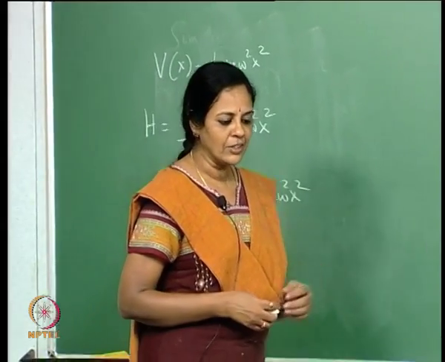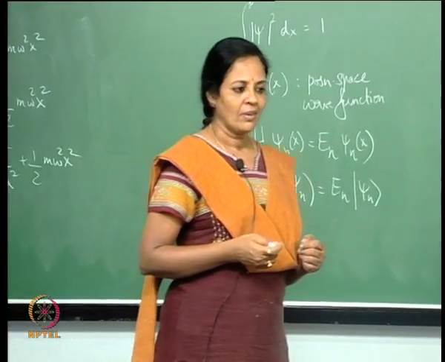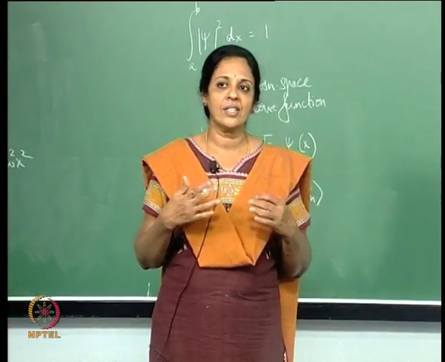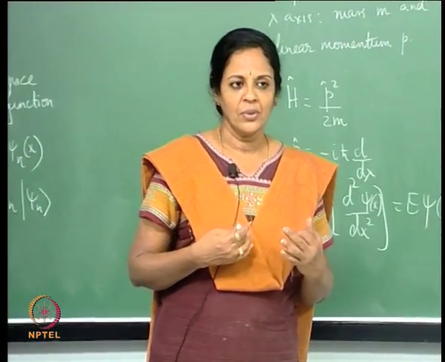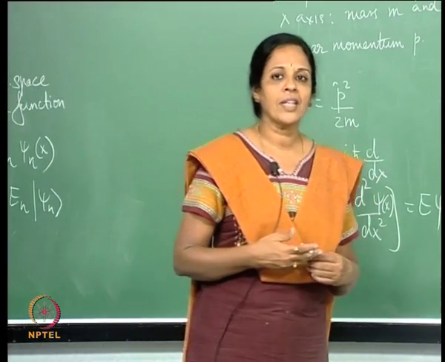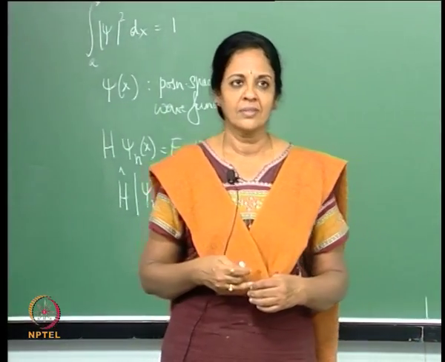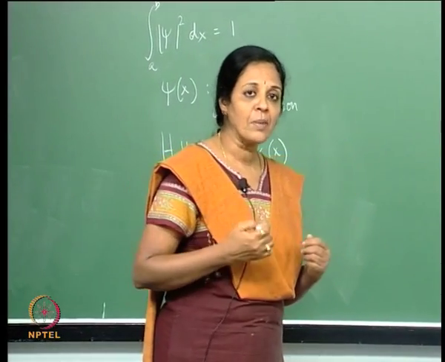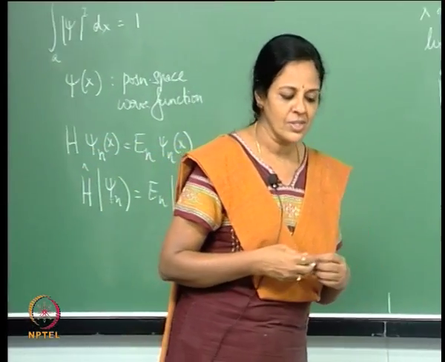Whatever I had done in the past for the linear harmonic oscillator, using h psi is equal to E psi, writing h in terms of a's and a daggers, where a and a dagger were linear combinations of x and p, abstract operators. I could give infinite dimensional matrix representations for a and a dagger, upper triangular and lower triangular matrices.